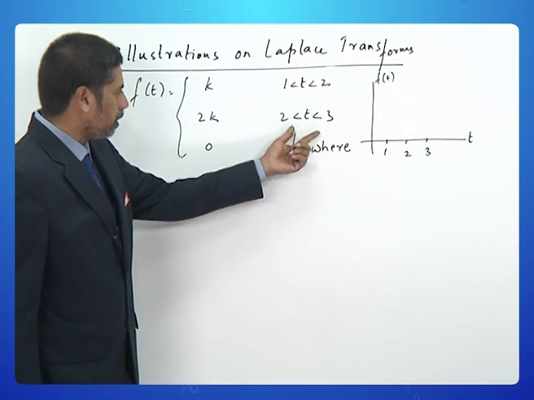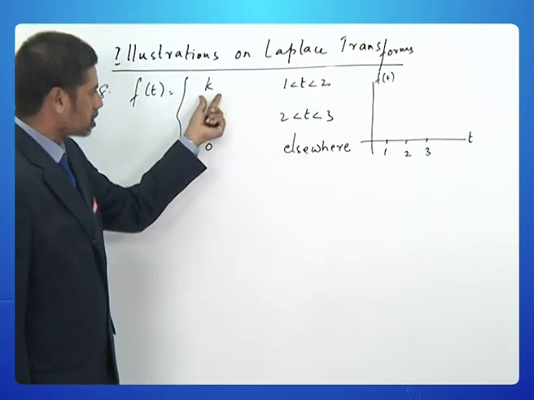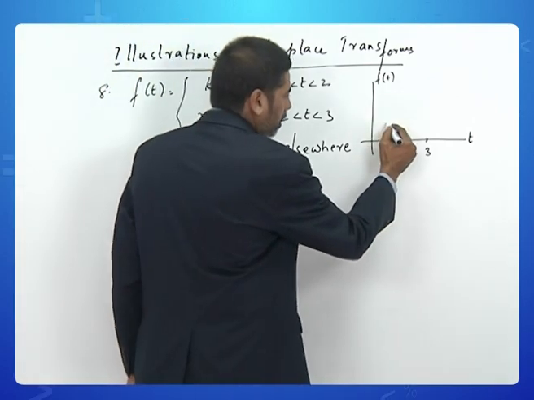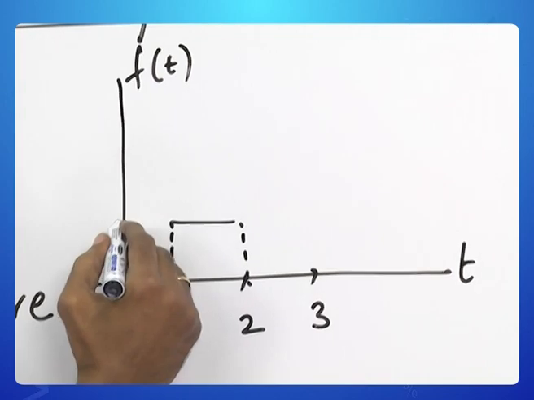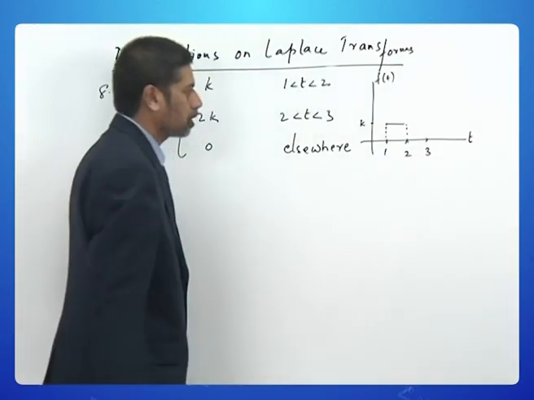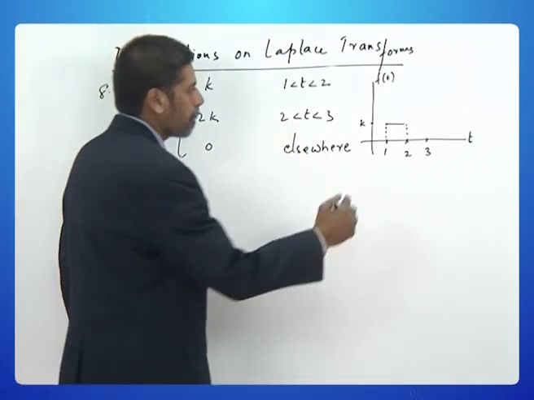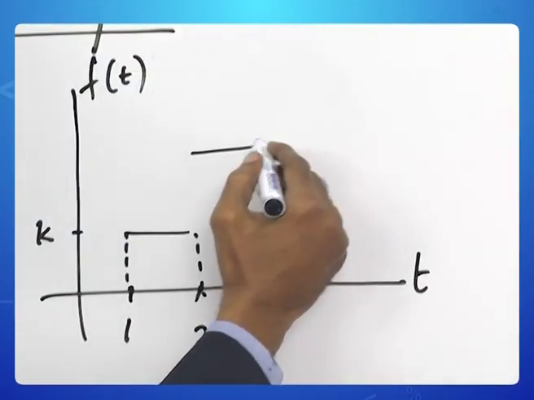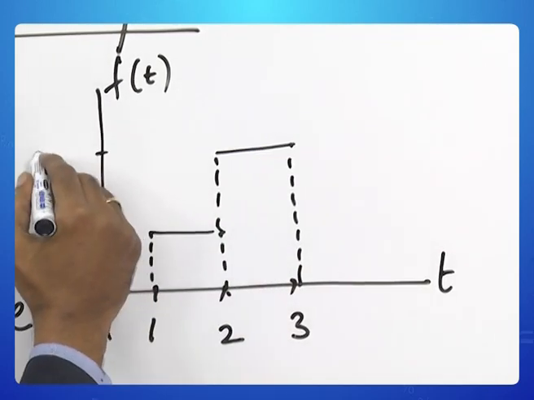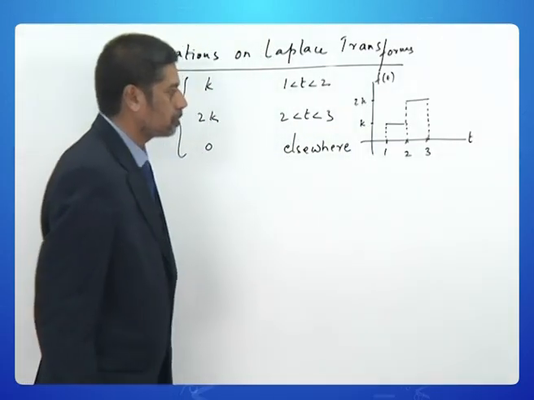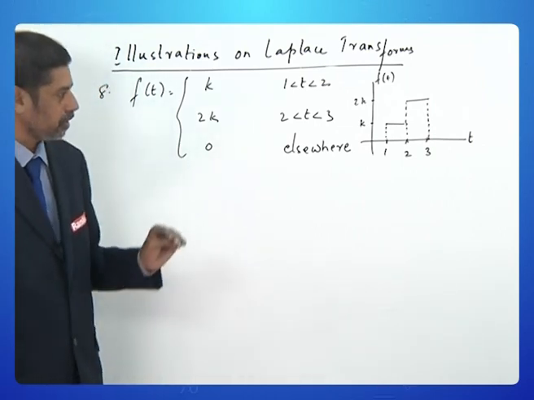K is some constant. In the interval 1 to 2, it's a constant function, so let us say k units. And in the interval 2 to 3, there's a jump, double the height, 2k. So you can say sort of a staircase, right?